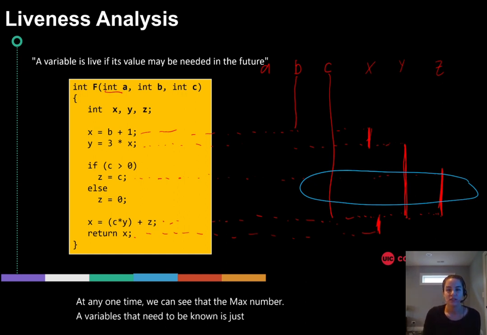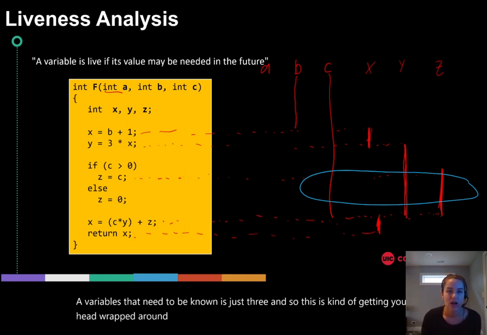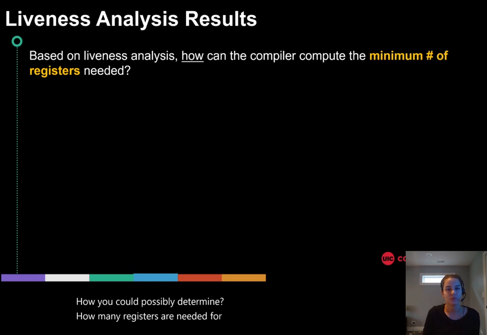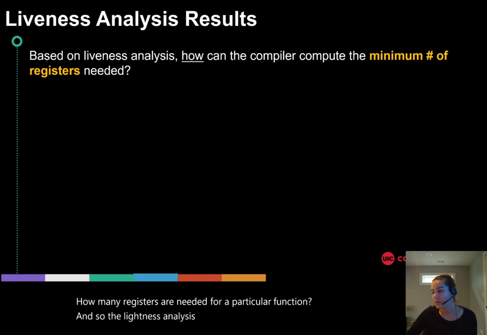And so this is kind of getting your head wrapped around this whole idea of how you could possibly determine how many registers are needed for a particular function. And so the liveness analysis can tell us that, but we can actually also tell this from using graph coloring.